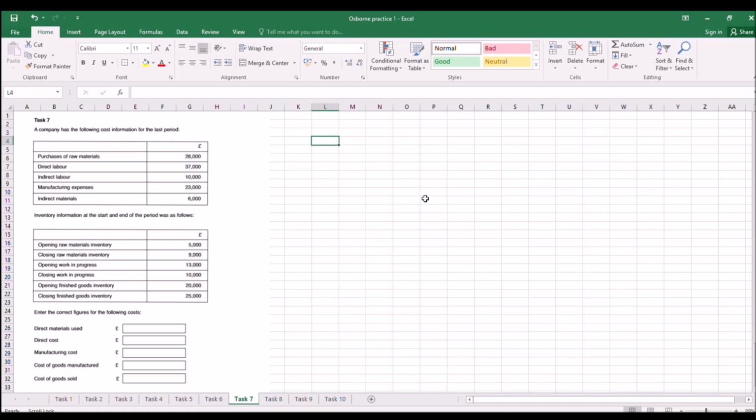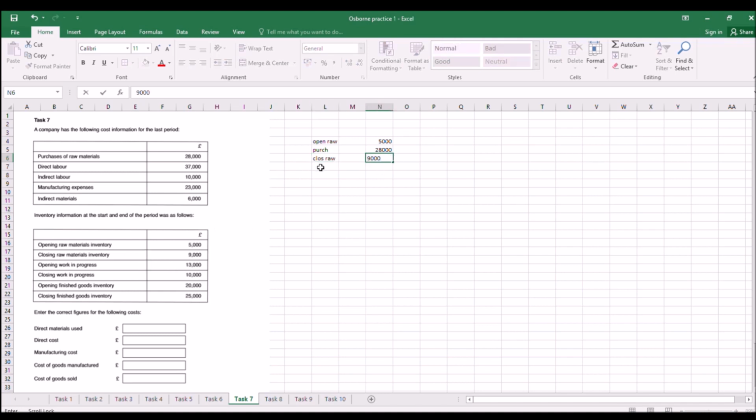Instead we're going to set out our manufacturing statement. So we have our opening raw materials. Let's find that one. Opening raw materials 5,000. And we're going to put in our purchases over here, and we've got our purchases of 28,000, and we'll have our closing raw materials over here, 9,000.